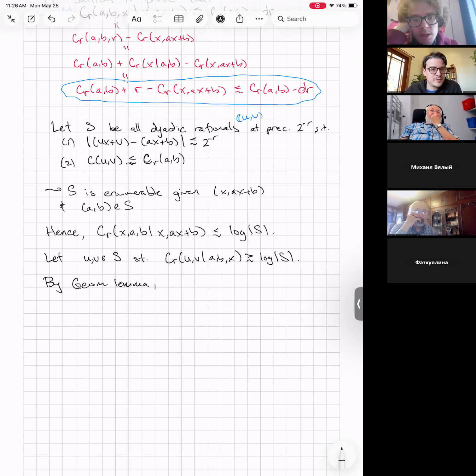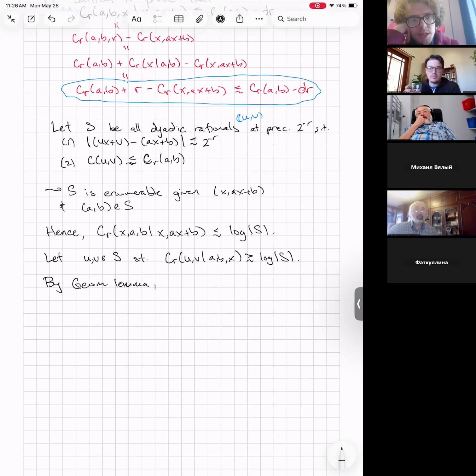You take u, v of maximal complexity from this set S. It's always better to give more information, but I want to choose u, v which is maximally complex relative to a, b, and x in this set.